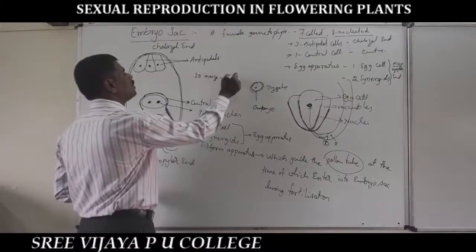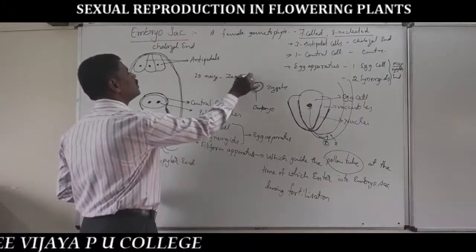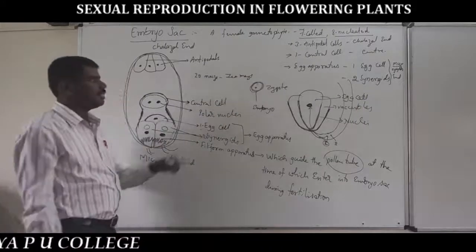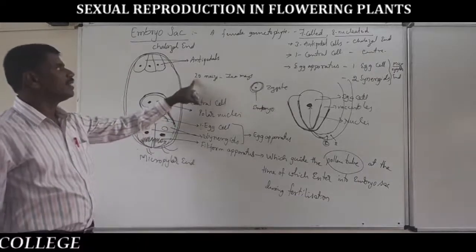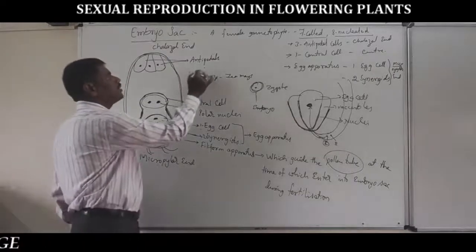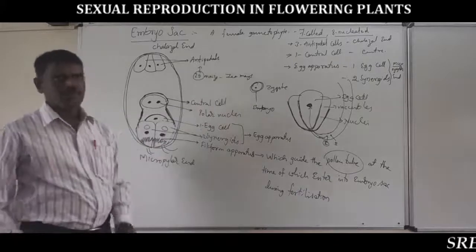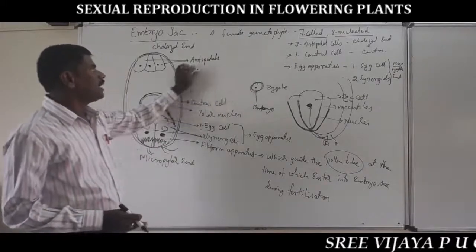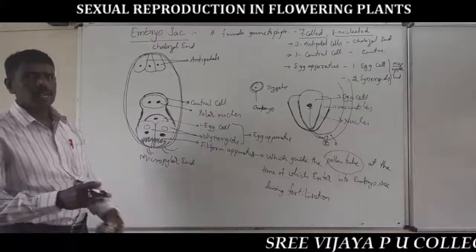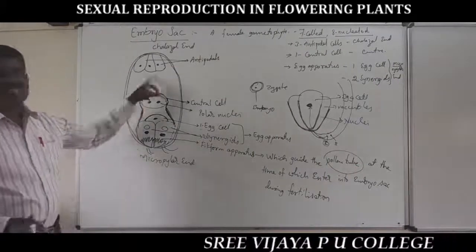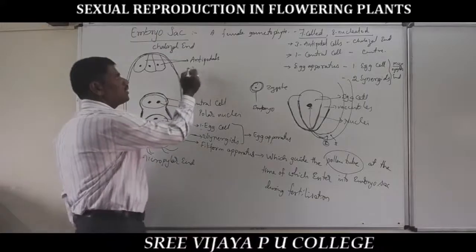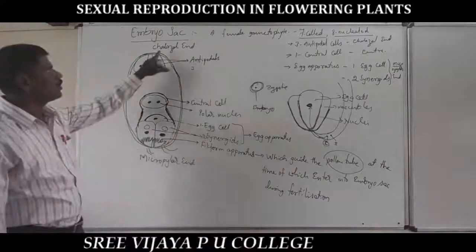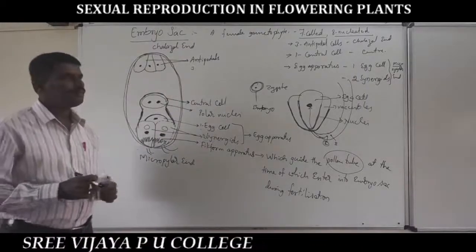But commonly each embryo sac consists of three antipodals located towards the chalaza end.